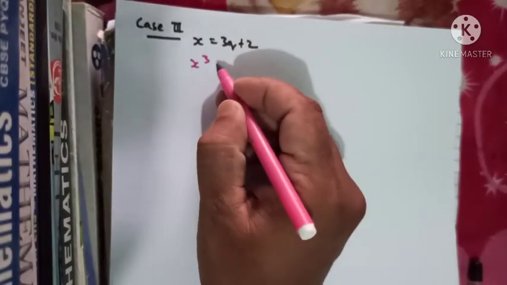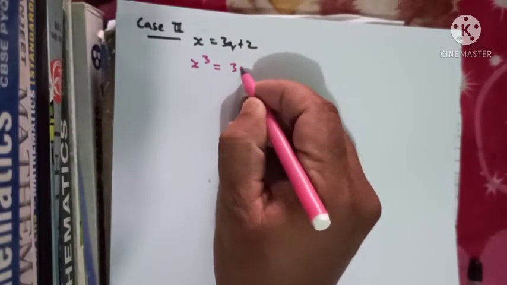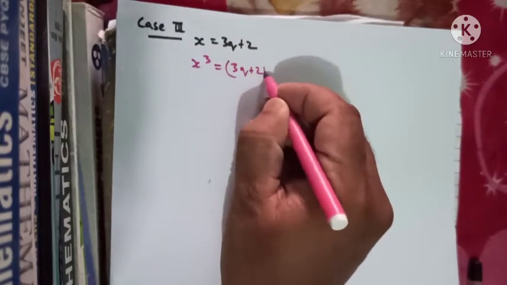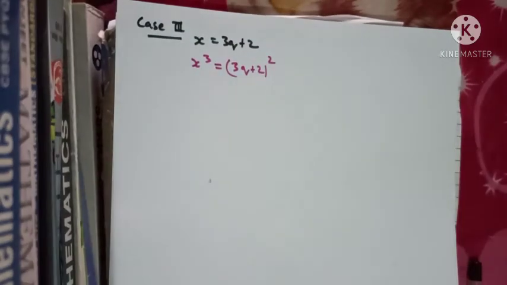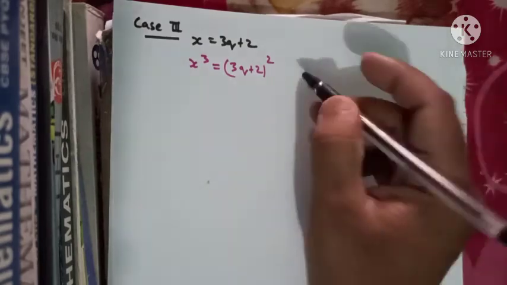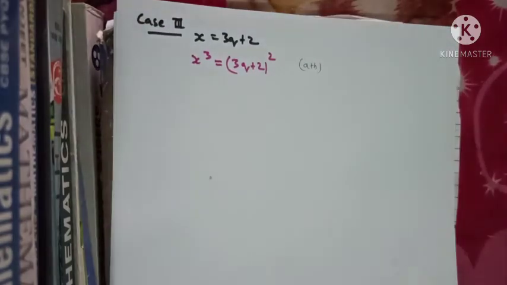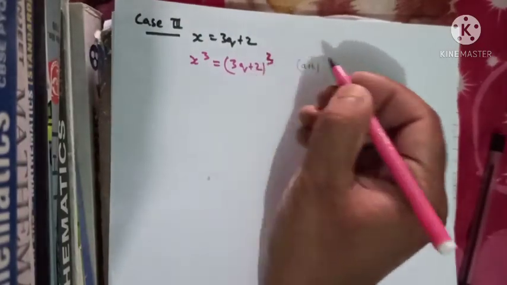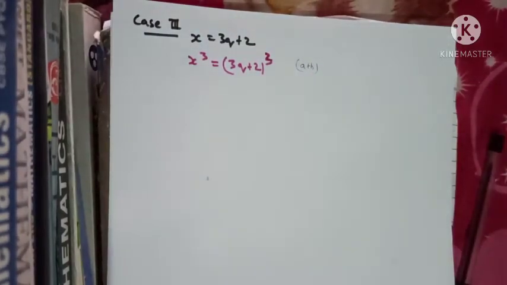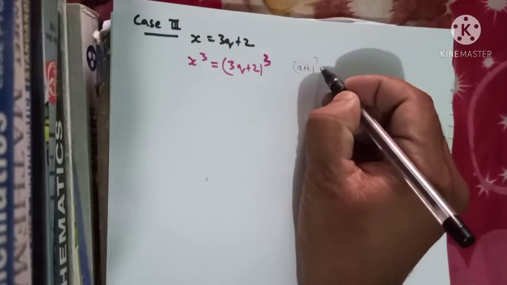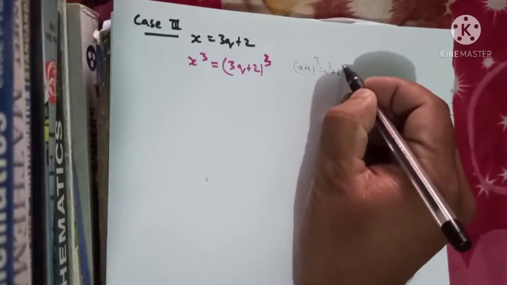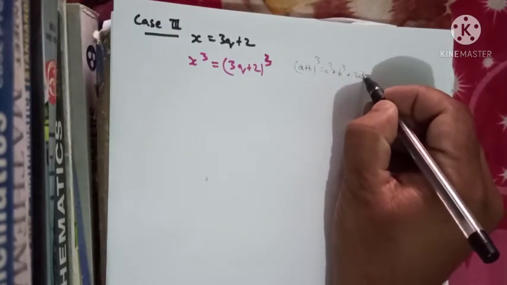So the cube of the integer x will be 3q plus 2 whole cube. Again the same identity, a plus b whole cube, it will not be square, it will be cube. So a plus b whole cube is equal to a cube plus b cube plus 3a square b plus 3ab square.